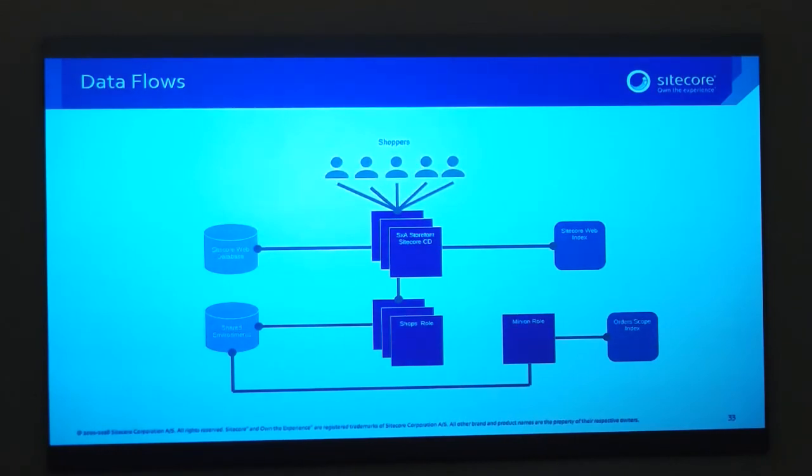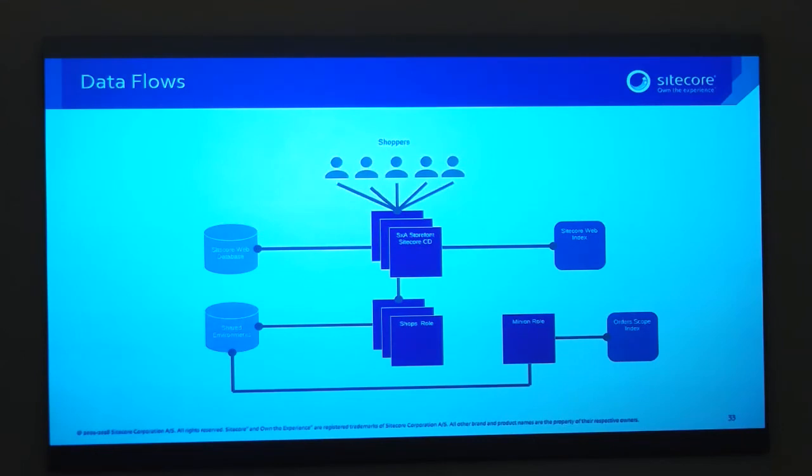here you can see when a user hits the storefront site, which is our website, and the user tries to get data for a product, such as visiting the product listing page or product detail page. The product listing and detail page information comes from the Sitecore web database, and the Sitecore web index returns the rendering information for the sellable item, and it is written back to the CD environment.